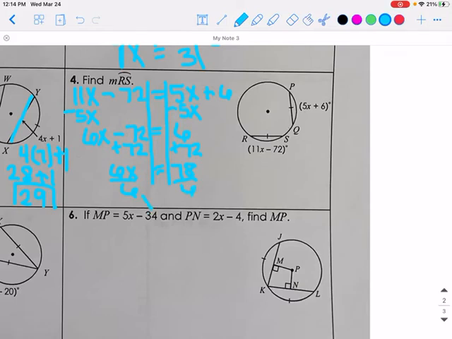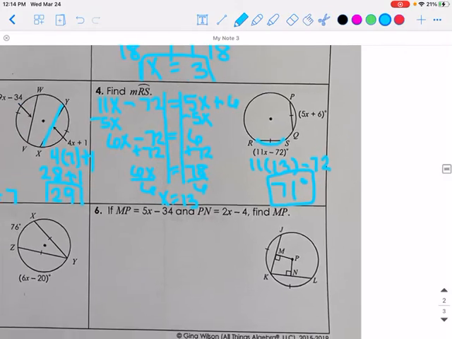Divided by 6. So x is equal to 13. But they want us to find RS. So 11 times 13 minus 72. And when you PEMDAS that out, you should get 71 degrees for that.